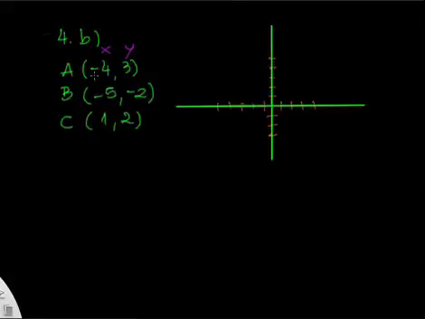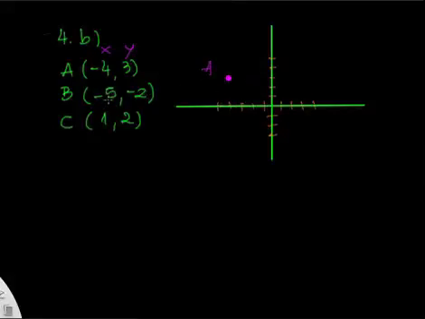We identify where point A is: x is negative 4, so negative 1, negative 2, negative 3, negative 4, and y is 3, so it's approximately here. Okay, I make a big point. This is just a sketch, it doesn't have to be precise. So this is my A.